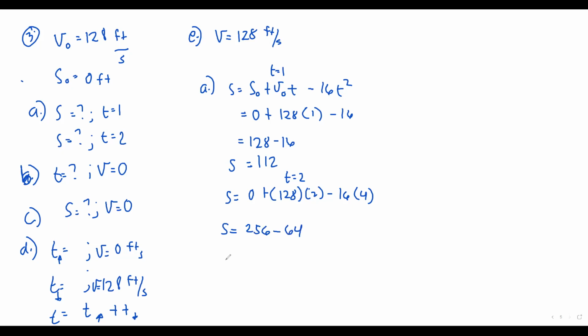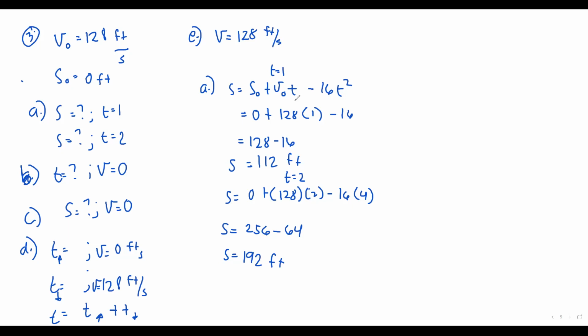So, S is equal to ilan? 256 minus 64, 192. Okay? So, ayan na yung mga sagot sa A natin. At 1 second, height natin is 112. At 2 seconds, ang height natin is 192.